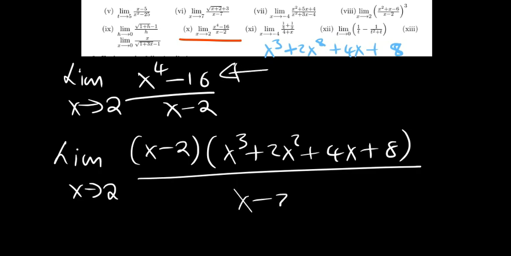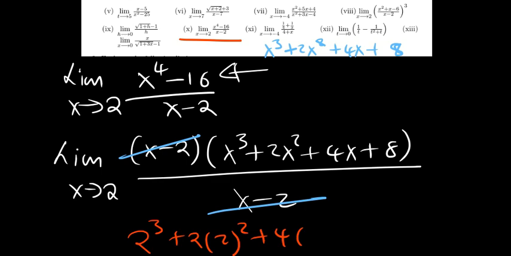So x minus 2. At this point, this is now able to divide, and we can just plug in a 2 for the remaining part. So we have 2 to the power 3, 2 to the power 2, 4 multiplied by 2 plus 8.